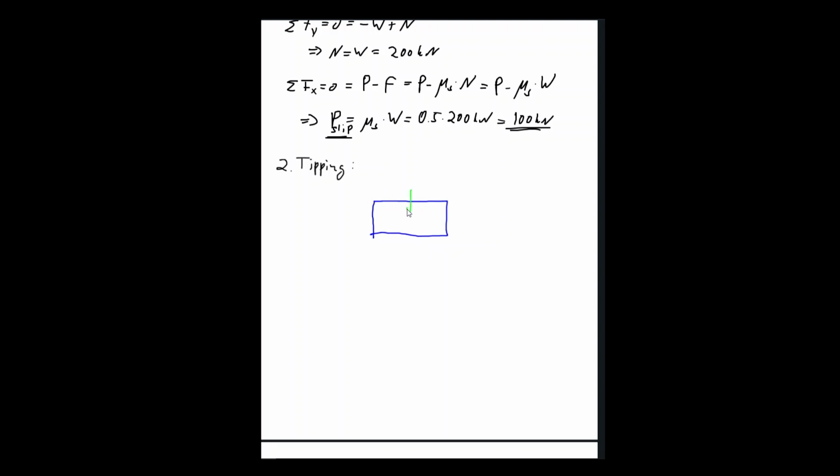Our weight is still going to be acting the same way. And of course our force P is what we're looking for, so that's right there. Now the question is, what happens to our normal force and to our friction force? Let's put our point A here, right? Because that's what we want to tip about.